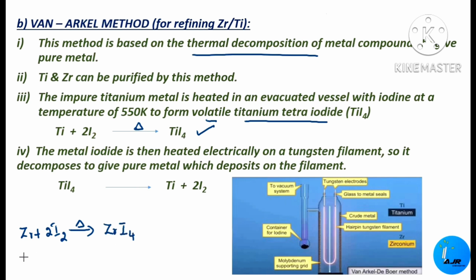Now again this zirconium tetraiodide vapor is passed through the glass tube fitted with a tungsten filament, and when it is heated to 1800 Kelvin, which is a high temperature, the zirconium tetraiodide decomposes to give zirconium and iodine. So this is the methodology we follow in the Van Arkel method.